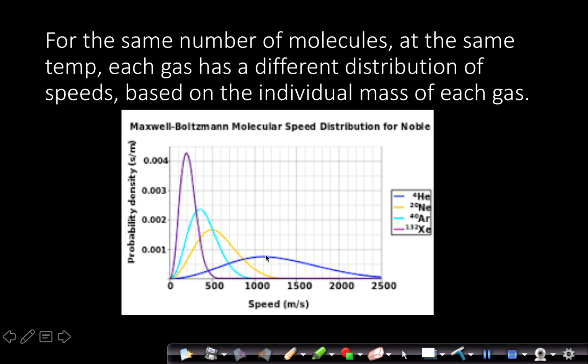And since the average speed is faster, that would be the root mean square velocity, for those of you who remember that term, that average speed is higher, which means that the distribution is a flatter curve. Even though the area under the curve is the same, this curve is flatter because there are faster speeds available to the helium, even at the same average kinetic energy.